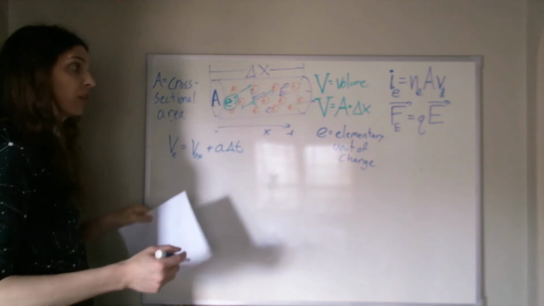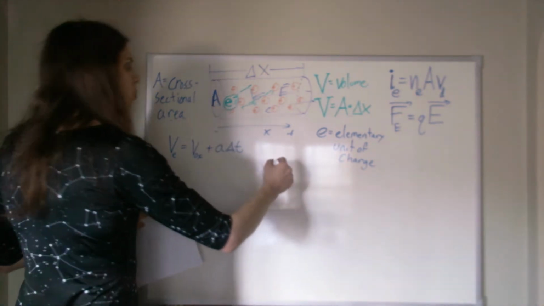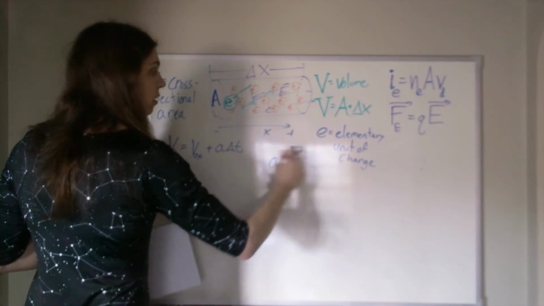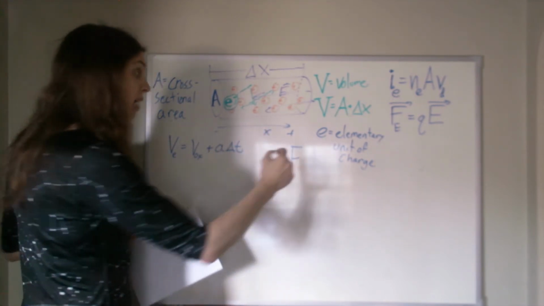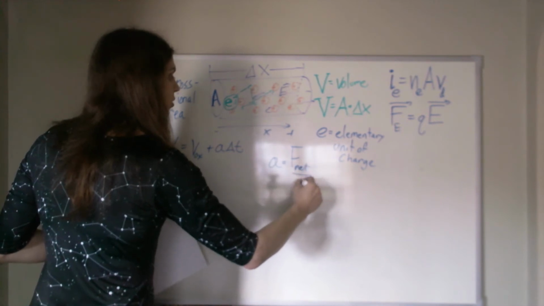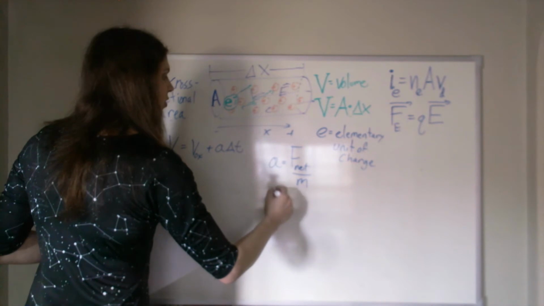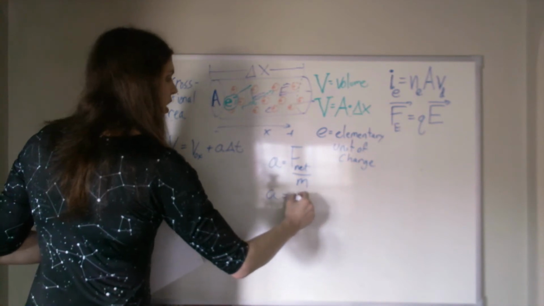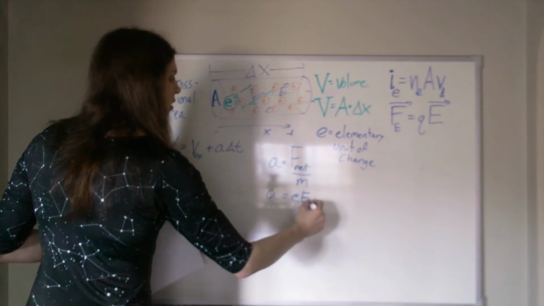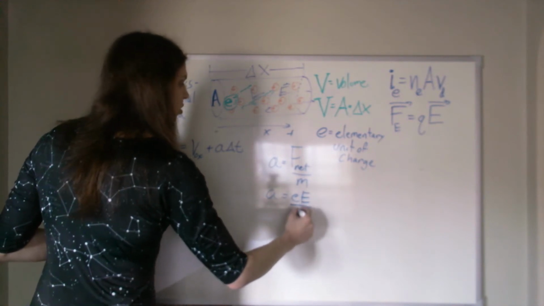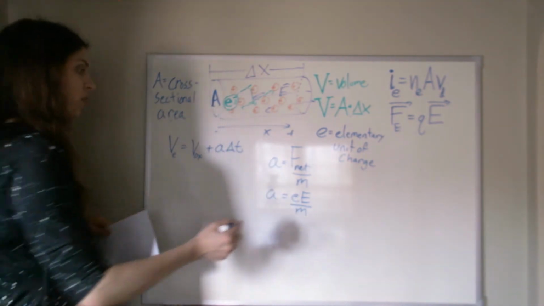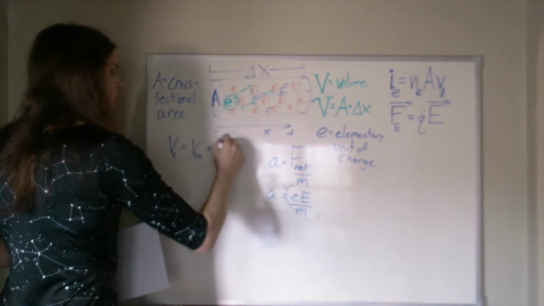And what does that acceleration look like? Well, we recall from Newton's second law that if we have a constant mass, acceleration is our net force per unit mass. So that's the electric field times the charge divided by the mass. So this all gets put back in here.